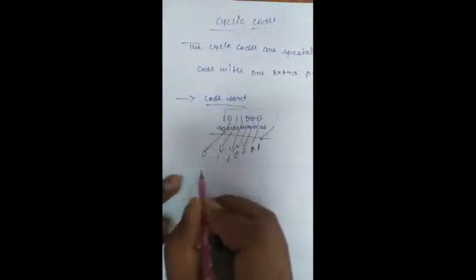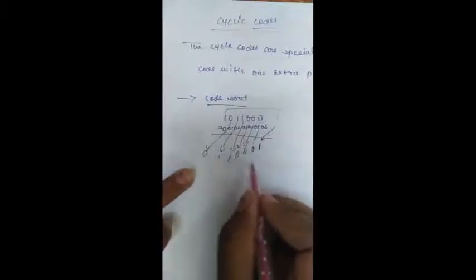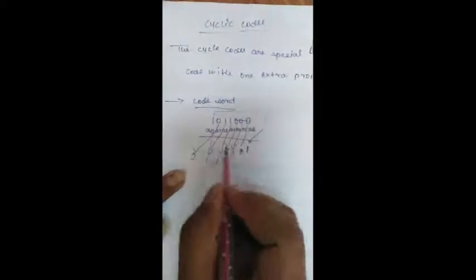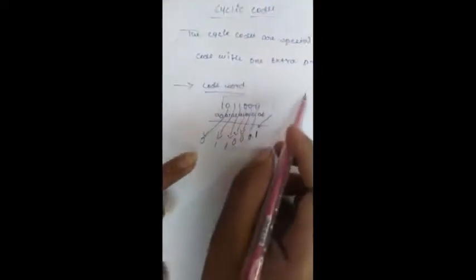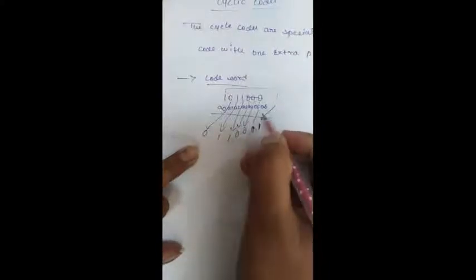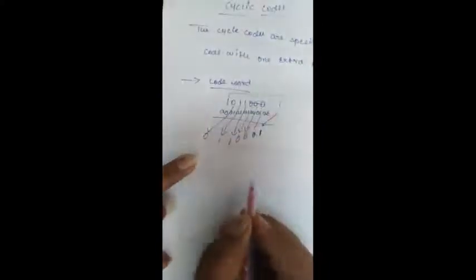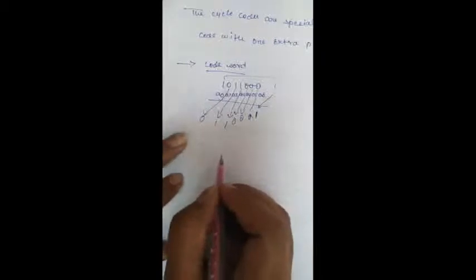This type of code word is used in computer networks. This is the cyclic code. Then we look at how the bits are shifted, with values A1, A2 and B0, B1, B2, B3, which we use for checking.